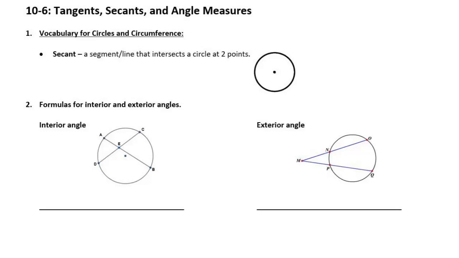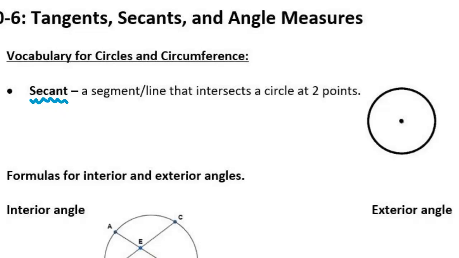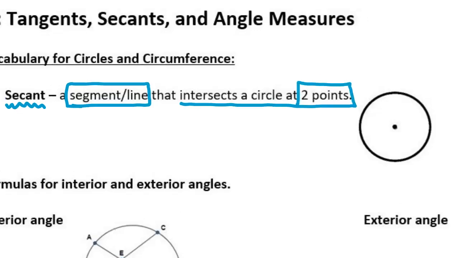We are going to define another new term. This is called a secant. A secant is a segment or a line that intersects a circle at 2 points.